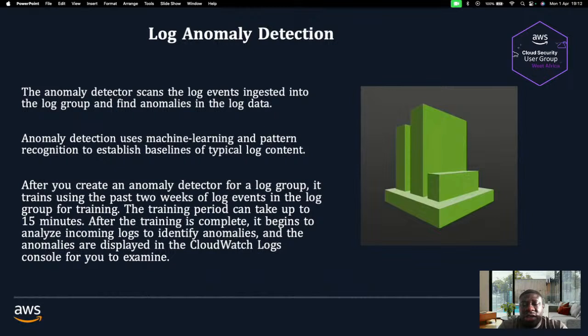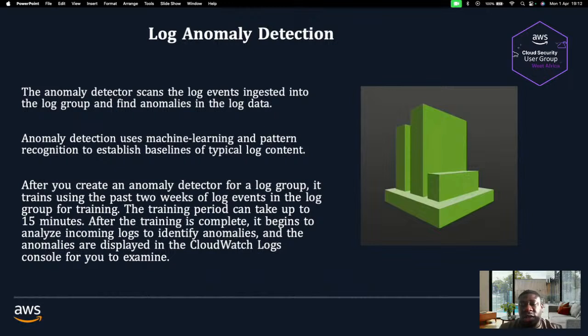As you can see, it says the anomaly detector scans the log events ingested into the log group and then finds the anomalies in the log data. So first of all, we need an ingestion of data into the log group, after which the anomaly detector scans that data, and then it's able to find the anomalies in that data.